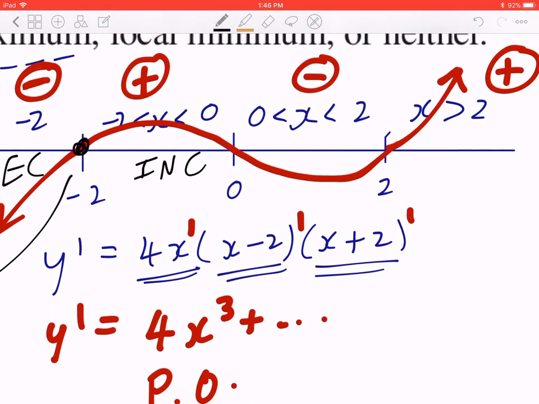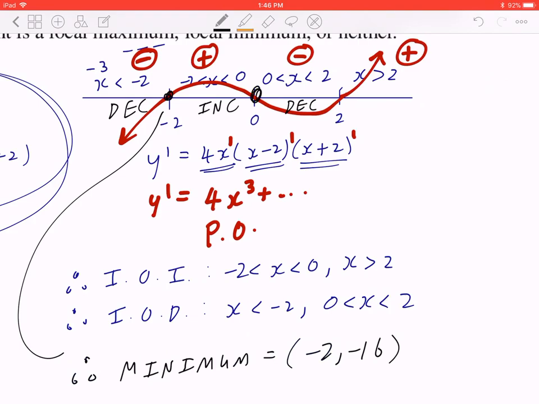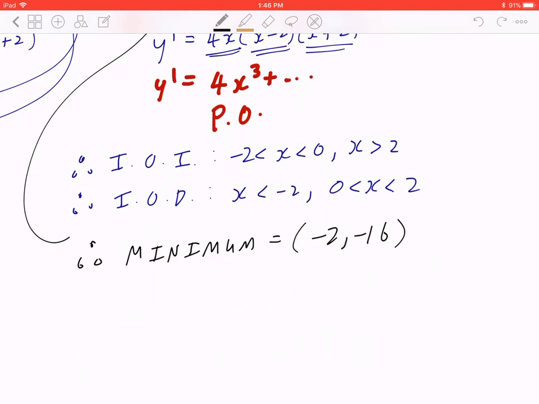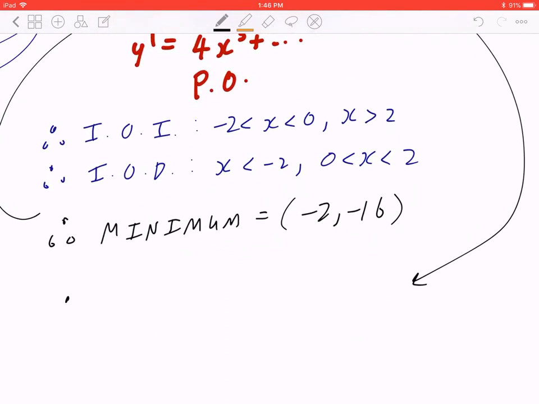Now, on the other hand, if you look at the next part, it is increasing, and now it's decreasing. This really means that there is a maximum located at 0, 0.